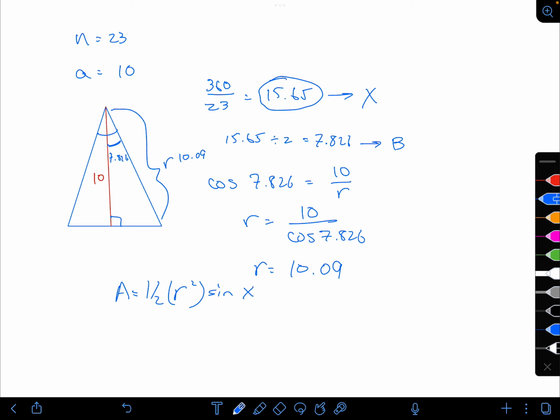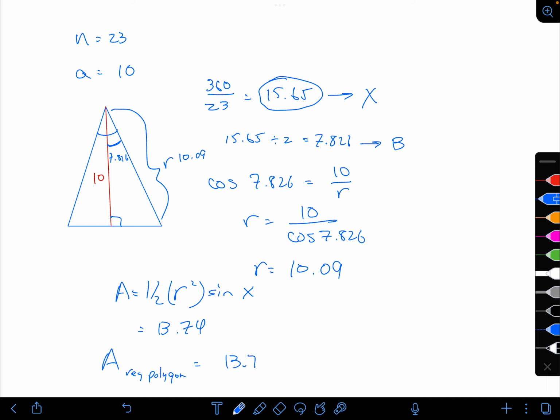So I can plug it into my calculator just like that: 0.5 times r squared times the sine of x. And I get 13.74.